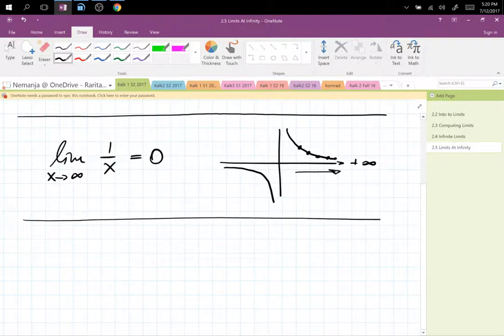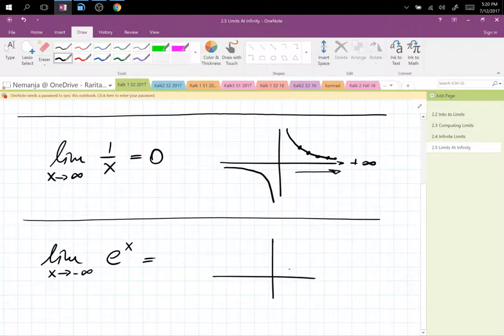The next example would be limit x approaches negative infinity for, let's say, e to the x. We will graph e to the x, which goes through 1 on the y-axis. And what's happening as you are approaching negative infinity? We are getting 0 again.